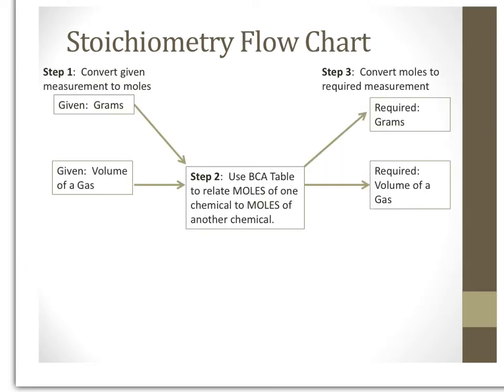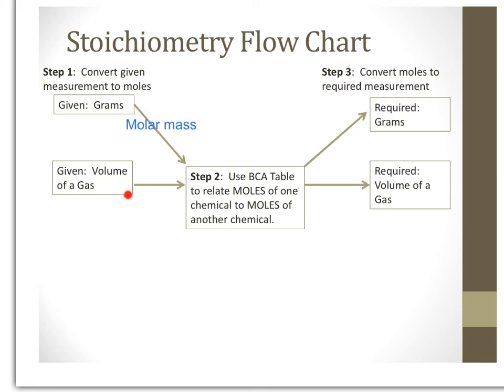To summarize, we now have two different ways to get into and out of BCA tables. If we start with moles, we'll skip step 1 completely because you can go right into the BCA table. But if we are given units of grams, then we'll use the molar mass to convert grams into moles before we use the BCA table.